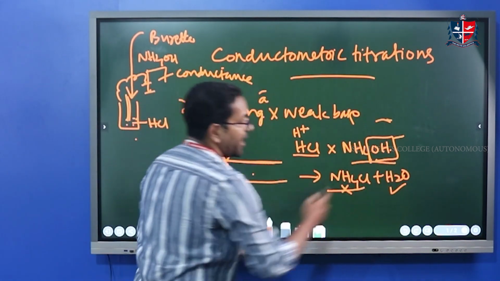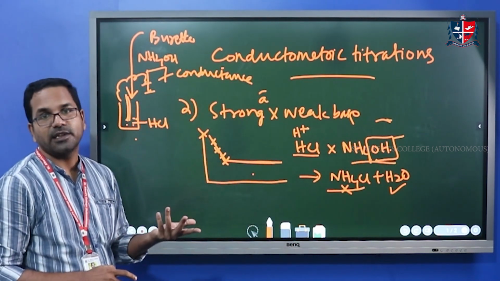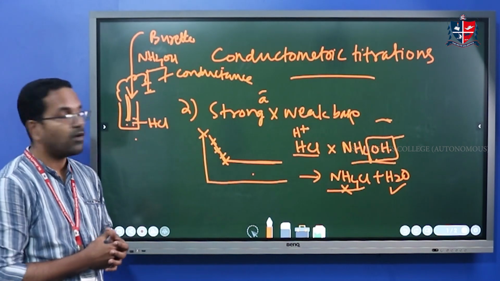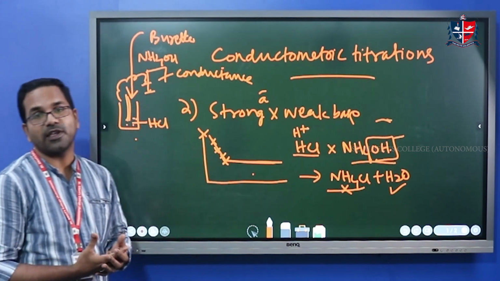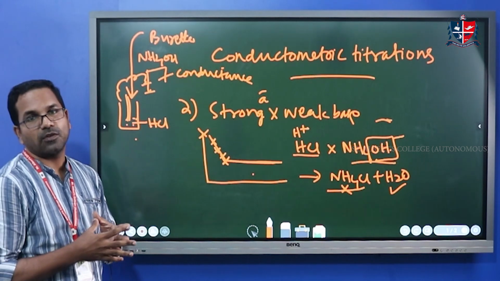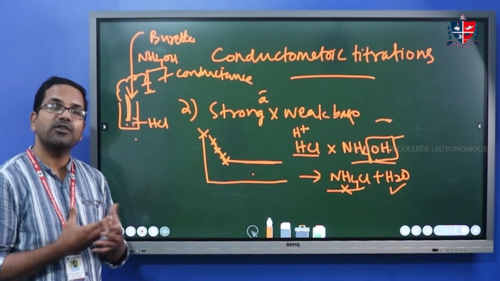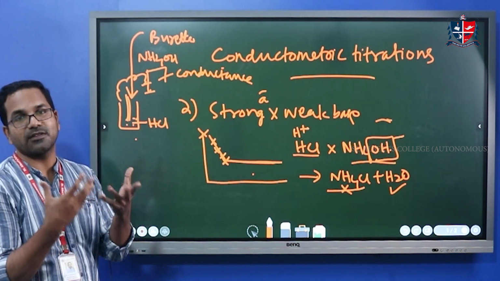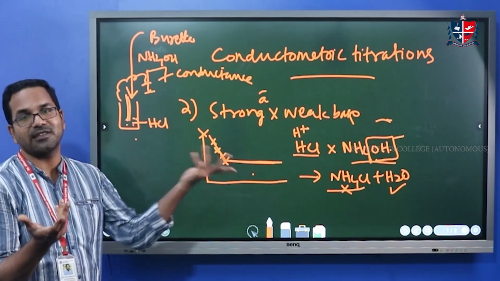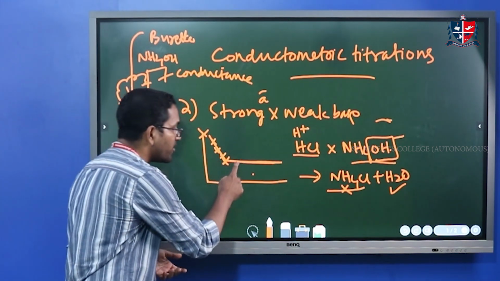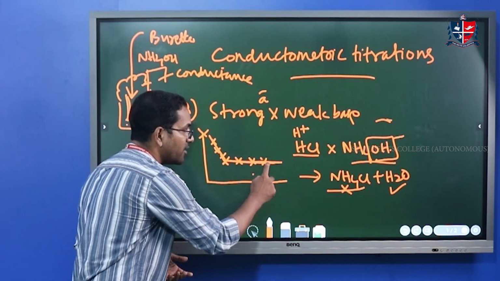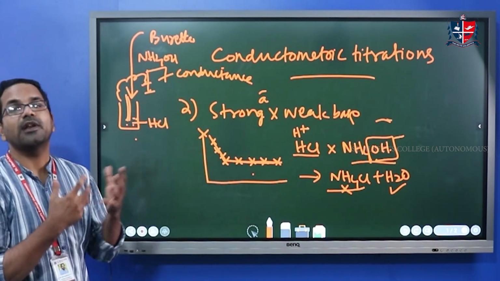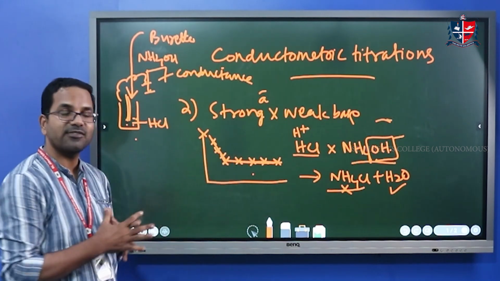But as it is a weak electrolyte, it will not dissociate and give ions. Even if it dissociates, that will be very little. So the number of ions in the solution remains almost constant when we add ammonium hydroxide continuously, because it is a weak electrolyte. You will get a constant value continuously because no more ions are coming into the solution. That is a straight line.